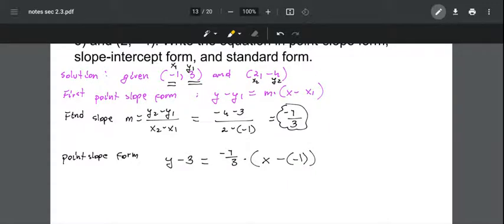Let's simplify. So we have y minus 3 equals -7/3 times x plus 1. So this is point-slope form. We have it. Okay, so this is the answer.